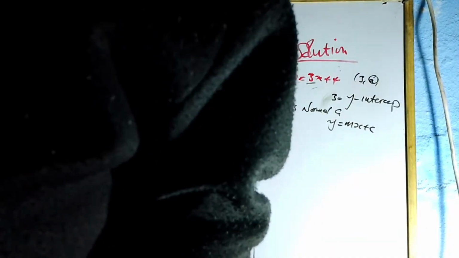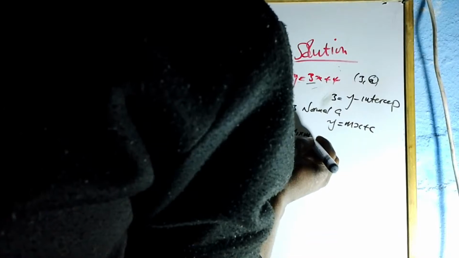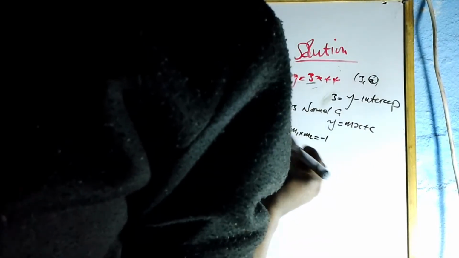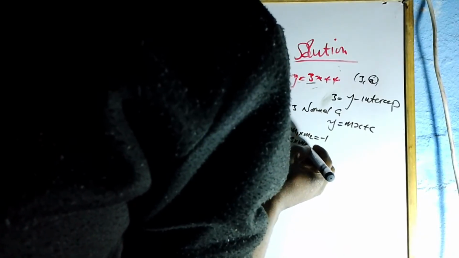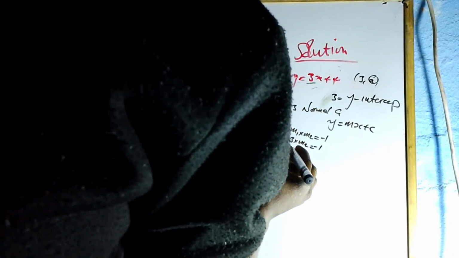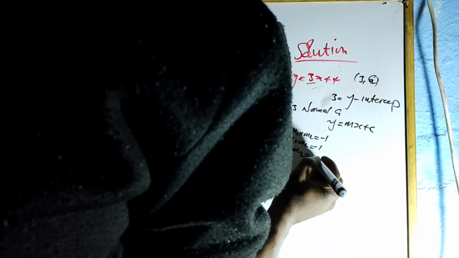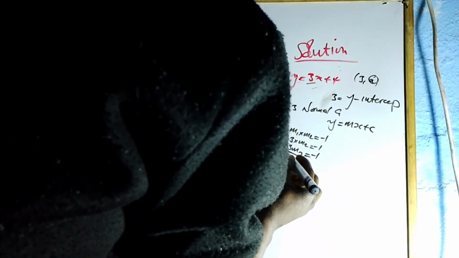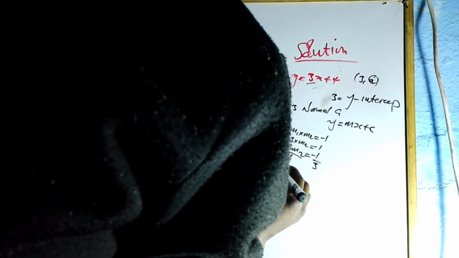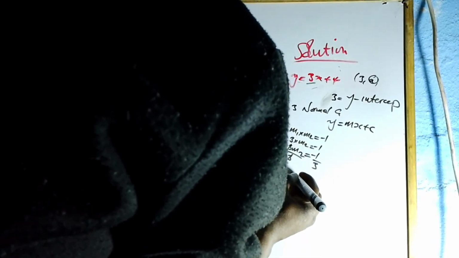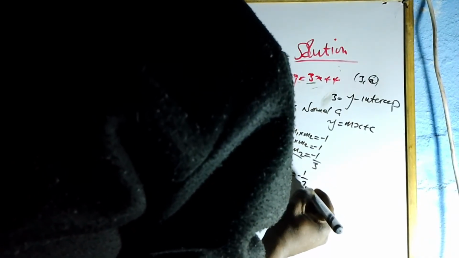So let's find the perpendicular gradient. The perpendicular gradient is given by M1 times M2 equals minus 1. M1 is 3, so 3 times M2 equals minus 1. Then 3M2 equals minus 1, and divide throughout by 3. So the perpendicular gradient is equal to minus 1 over 3.